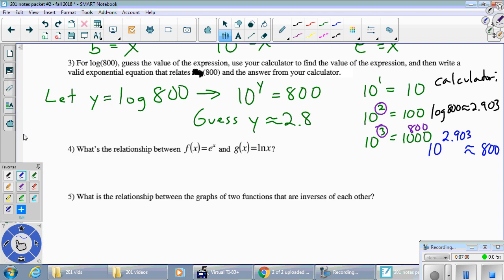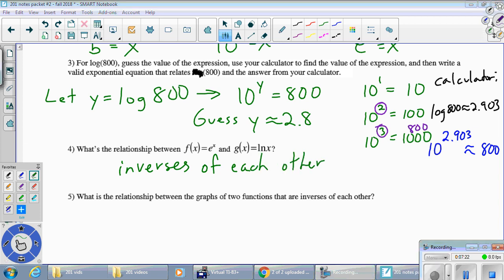Okay, what's the relationship between f of x equals e to the x and g of x equals ln of x? These functions are inverses of each other. Five, what's the relationship between graphs of two functions that are inverses of each other? So these graphs are symmetric over a particular line of symmetry.